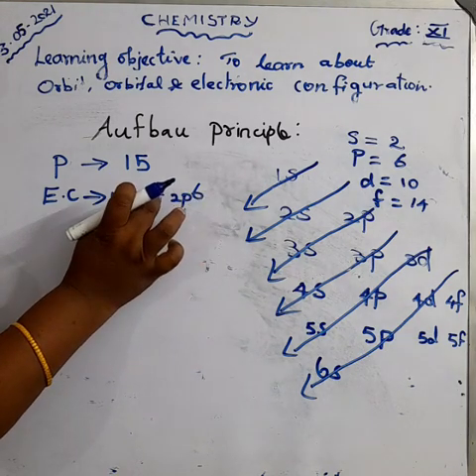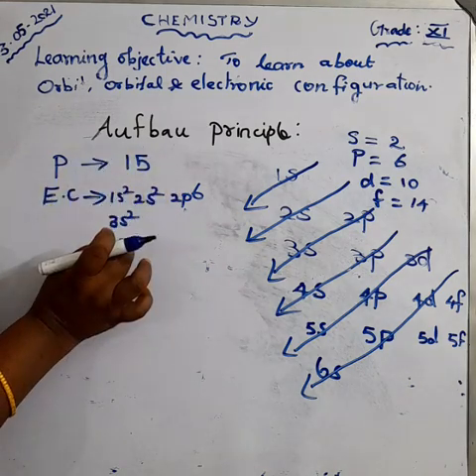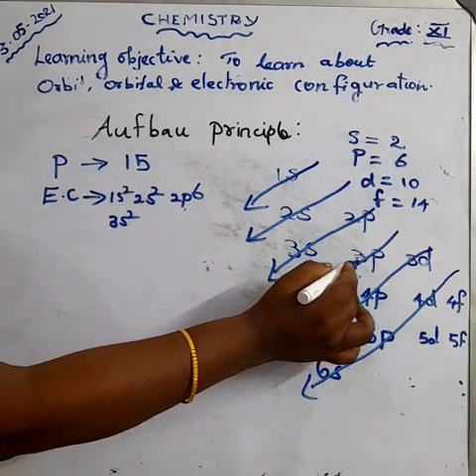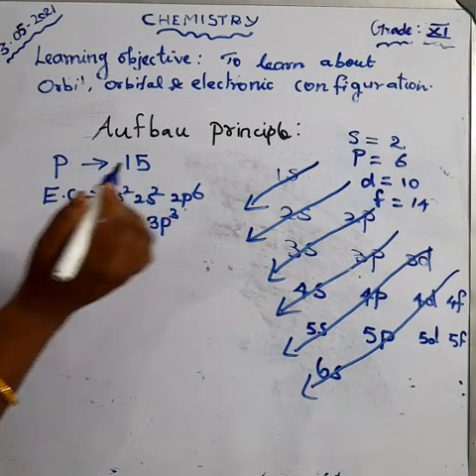Totally 6 plus 2 is 8, 10 and 12 electrons, and remaining 3 electrons are there. So 3 electrons we can accommodate in the 3p orbitals.